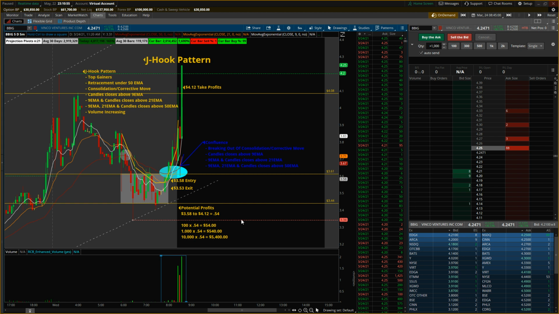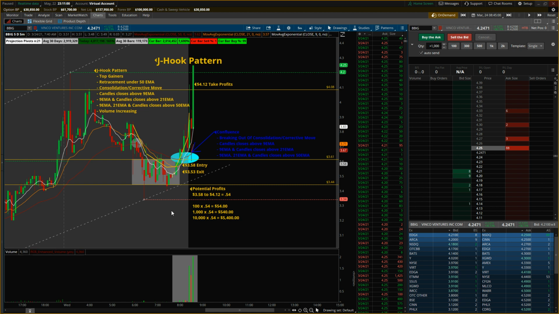Let's say you played this thing perfect. If you would have gone in with 100 shares, you would have made 54 cents a share. That's a 54% return. So you would have made $54 on 100 shares, $504 on 1,000 shares, and on 10,000 shares you would have made $5,400, all before 9 o'clock, right?